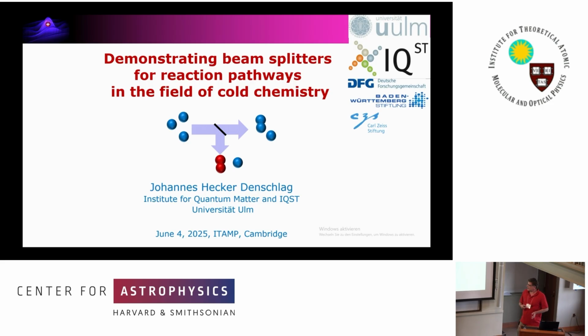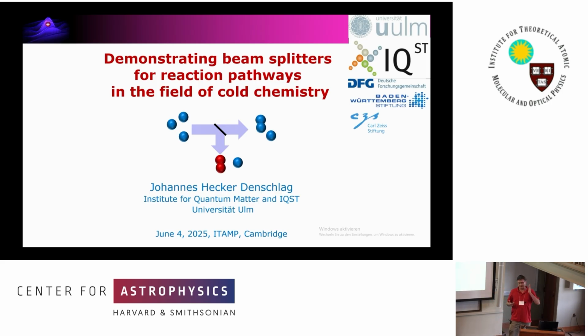With this, we have developed some tools, and we call them a beam splitter in some sense, where we can redirect the reaction flux that's occurring so that it goes either this way or this way. And the whole thing should be coherent. In some sense, it's really like what you do with an optical beam splitter.